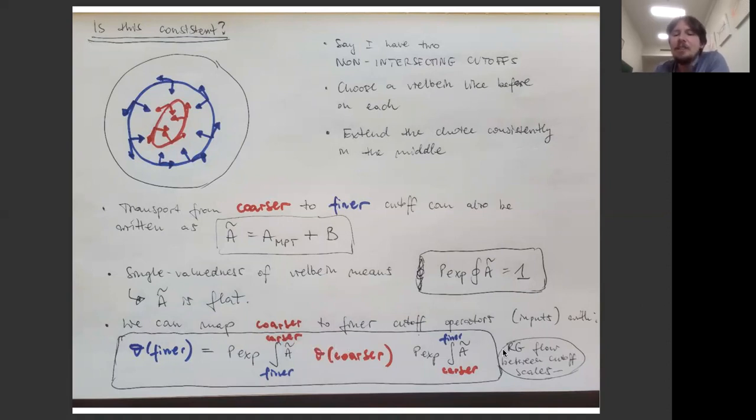This is what RG flow is supposed to do to operators in the CFT. Now, the single-valuedness of our vielbein means that the A tilde I have constructed is flat. And because it's flat, any object that I have constructed from path-ordered exponentials of these A tildes is freely deformable.